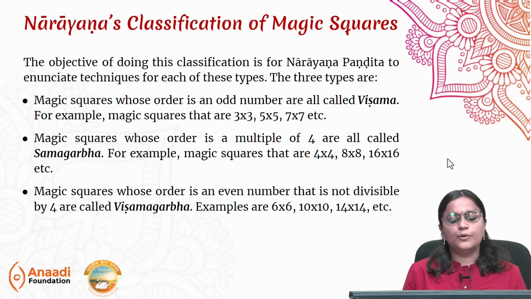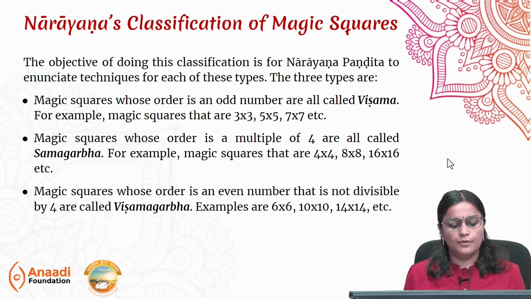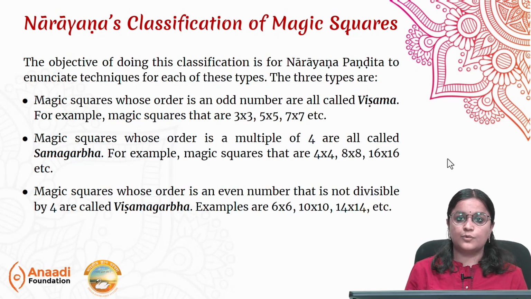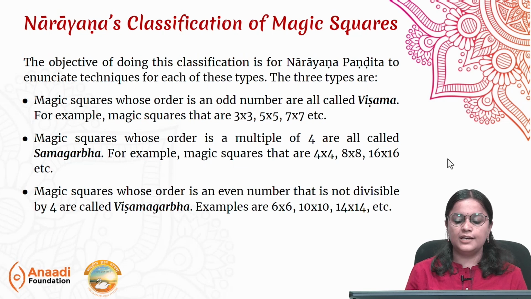The objective of doing this classification is for him to enunciate techniques for each of these different types of magic squares. So, Vishama are magic squares whose order is an odd number, right? This means magic squares of 3 cross 3, 5 cross 5, 7 cross 7, etc. Magic squares whose order is a multiple of 4 are called Samagarbha. These are 4 cross 4, 8 cross 8, 16 cross 16 and so on.